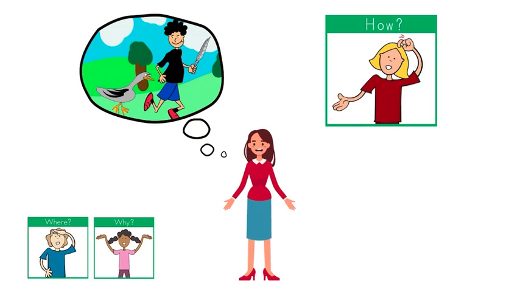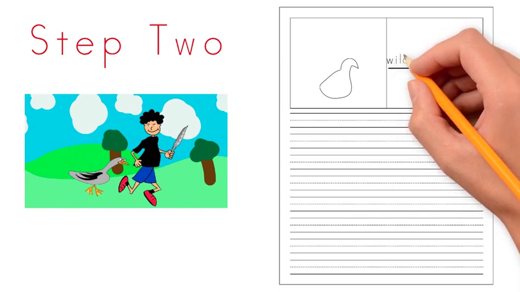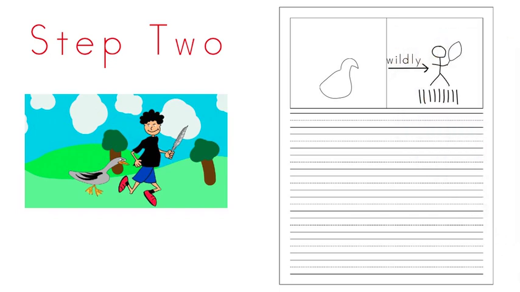Wildly works best because it reveals a fast action and it reveals how angry the goose was at the boy for plucking its feather. The goose wildly chased the boy around the field because he plucked its feather. In the right planning box, write wildly above the arrow.